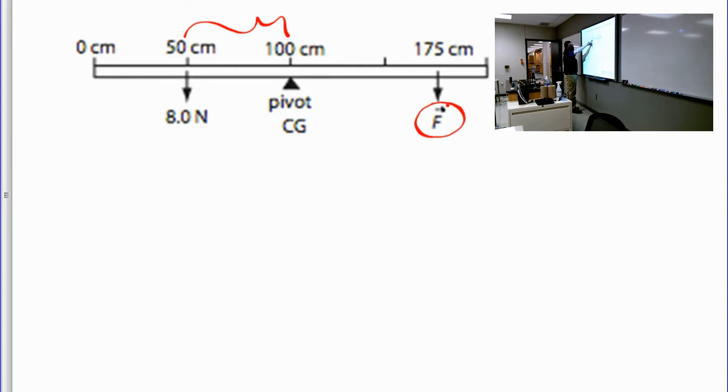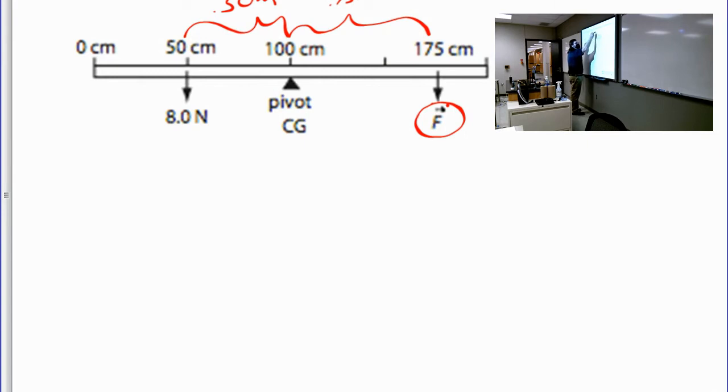The pivot point's at 100. This is at 50. So the distance there is 50 centimeters or 0.5 meters, which is what we want to use. Now, the other one, the pivot point is at 100, and then this force is at 175 centimeters. How far away from the pivot point is that?